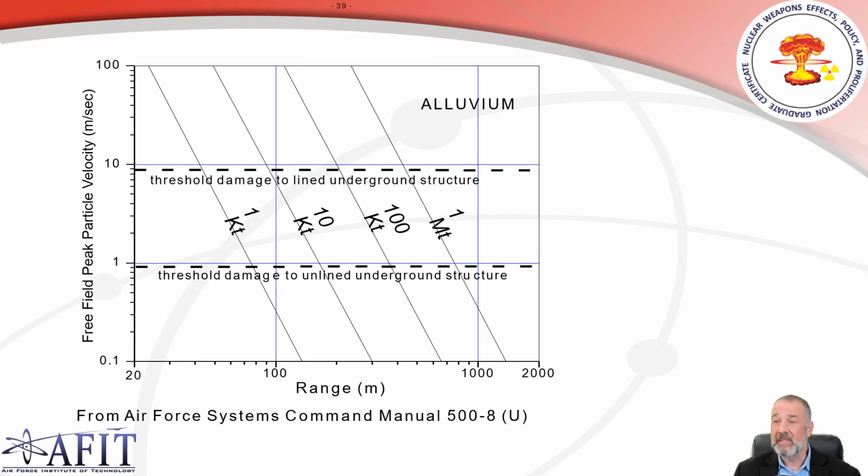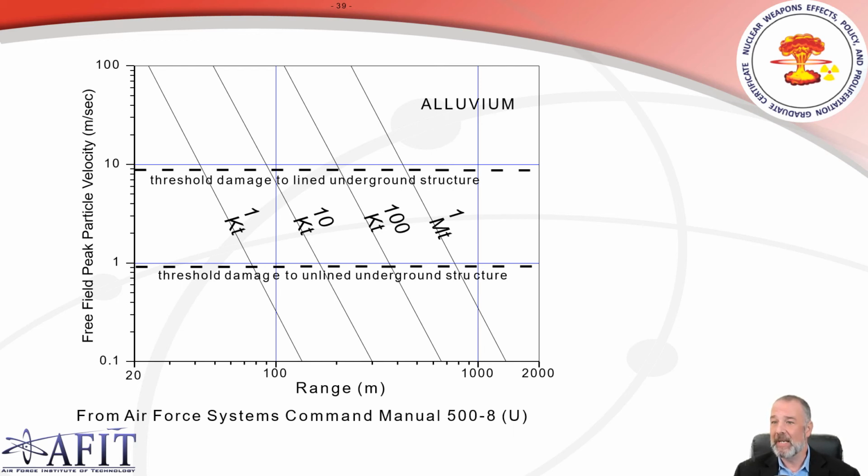And this isn't scaled, so you would simply find where your structure was located, draw the straight line, depending on the yield, and then figure out was there enough damage to an unlined or not reinforced underground structure, whether or not it was going to take any damage, or the threshold for damage to a, I guess you would call it a hardened underground target. And that's pretty much it for this one.